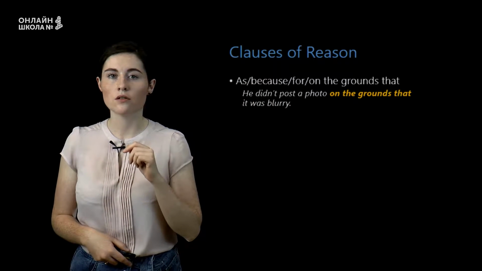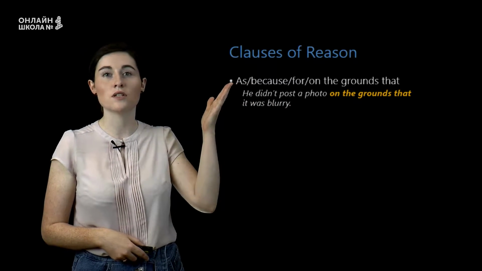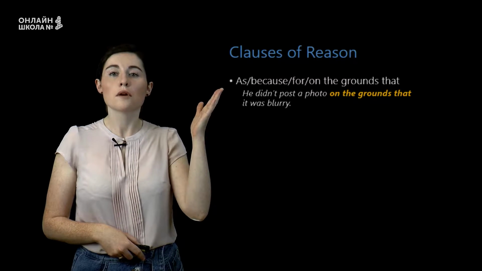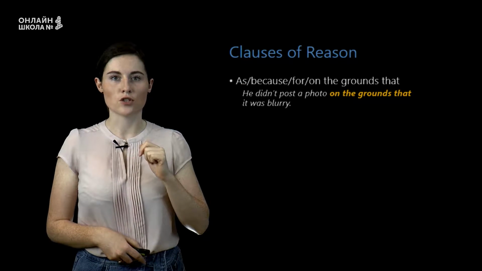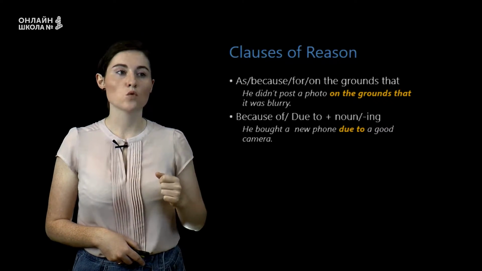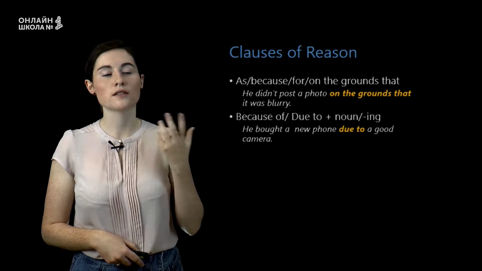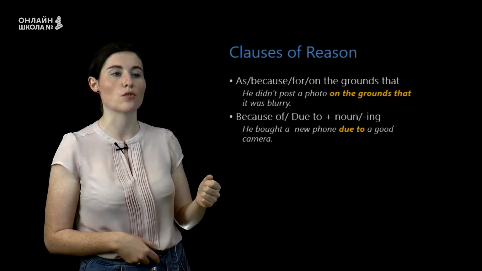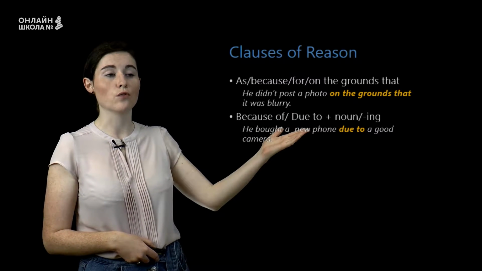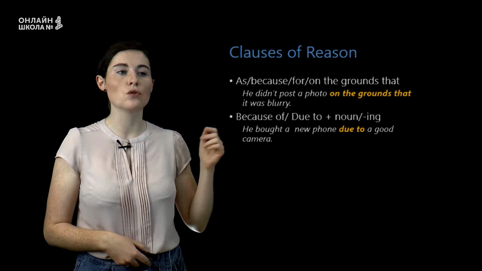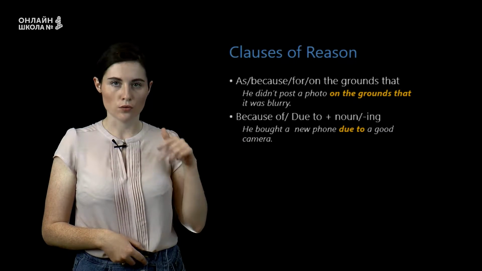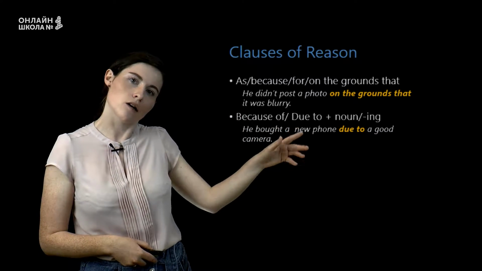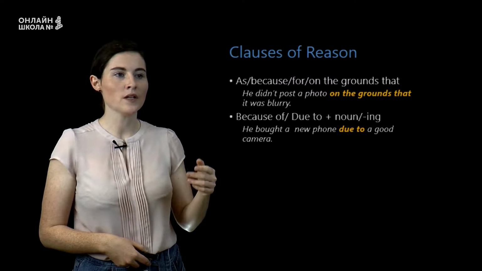В данном случае фразу on the grounds that вы можете заменить любым словом из тех, что перечислены выше. Next one is because of something or due to something. In this structure we use a noun or a gerund. For example, he bought a new phone due to a good camera. То есть он купил новый телефон из-за хорошей камеры.